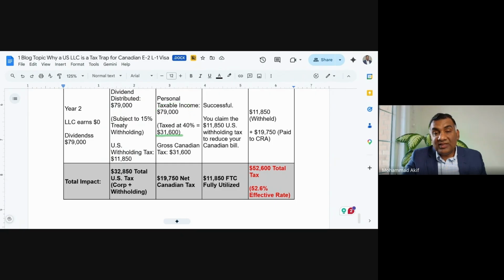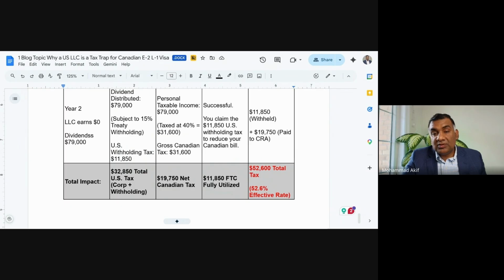We get the foreign credit of 11,850, which leaves us at 19,750 Canadian tax. In this scenario, we are able to fully utilize the US tax paid on the dividend, which is 11,850, on our Canadian side, which lowers the effective tax rate below the 70% that we had previously.